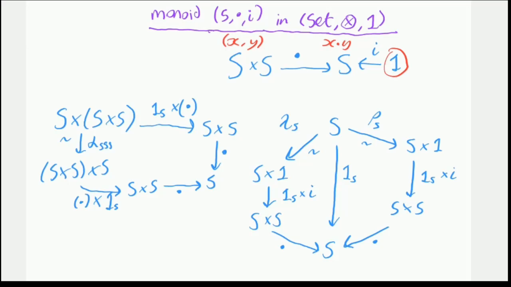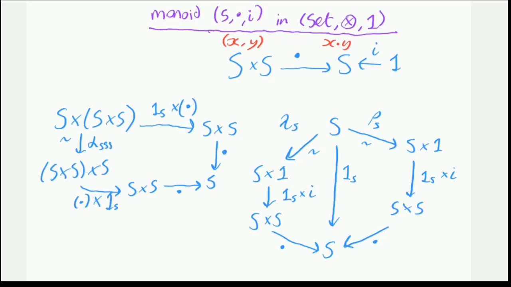It's a function from this singleton set, and it maps the only element star in the singleton set to the element I in S. And so this little picture here tells us what goes into a monoid, and then these diagrams say that to say that this diagram commutes means that this dot operation is associative, and to say that this diagram commutes means that our element I really acts like an identity element.